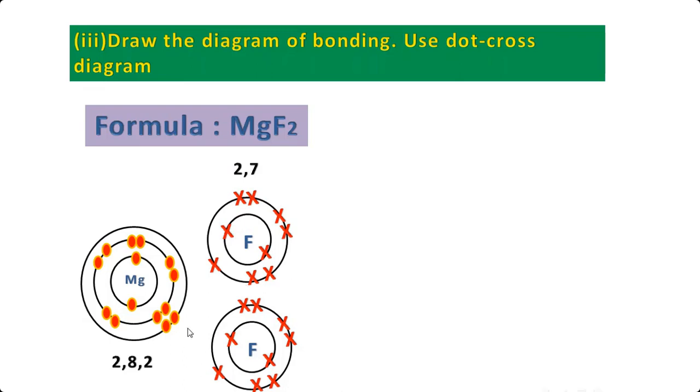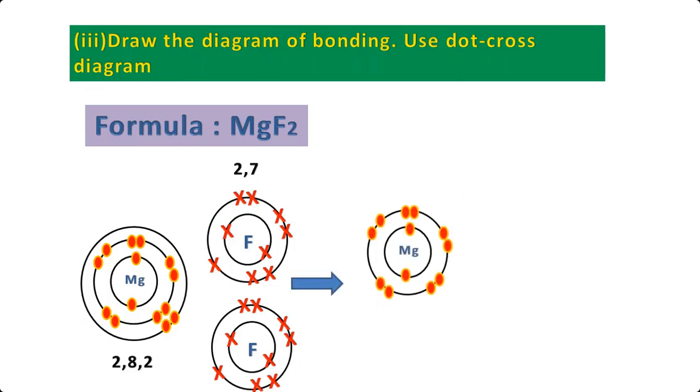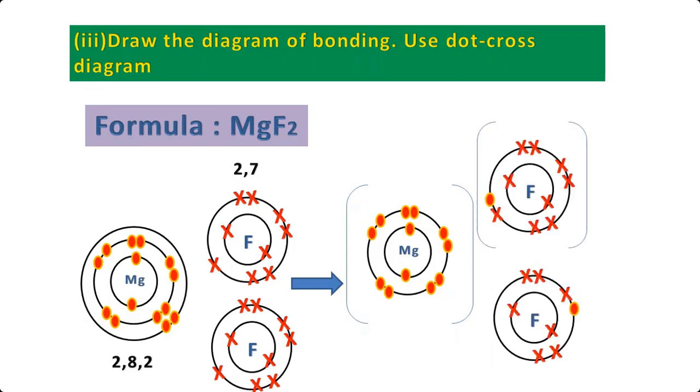The electronic distribution of magnesium will be 2, 8, 2. Fluorine will be 2, 7. So for magnesium atom to become stable, we lose these 2 electrons. For the fluorine, we will gain 1 electron, and this one will gain 1 electron. After transferring of electrons, magnesium atom becomes an ion, fluorine atoms become ions. The charge of magnesium is +2, so we want you to know that when the atom carries a charge, it's called an ion.